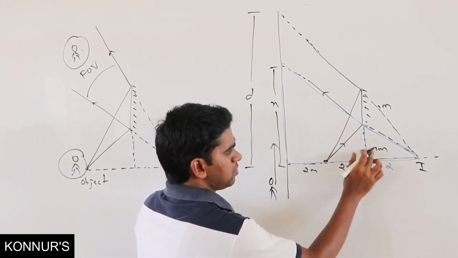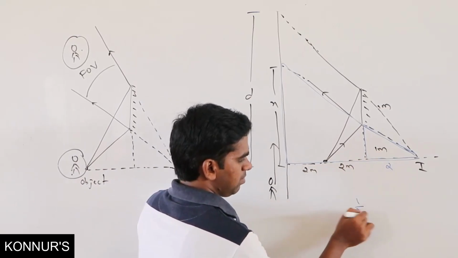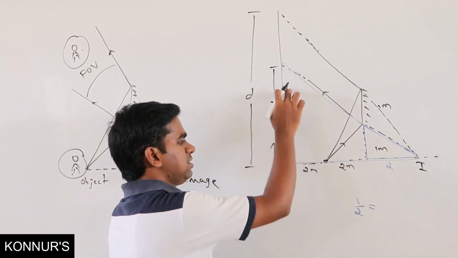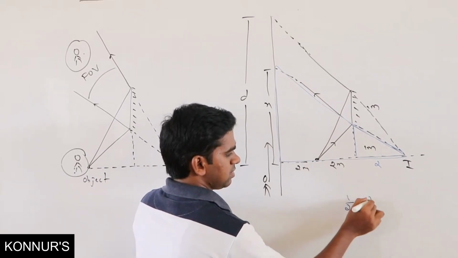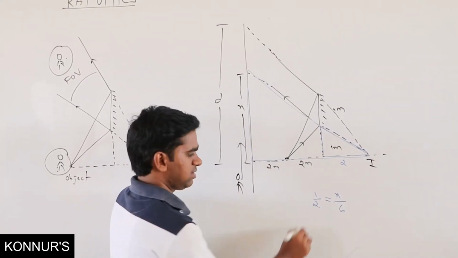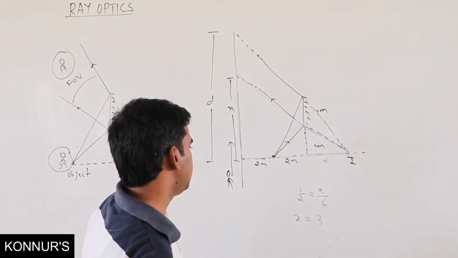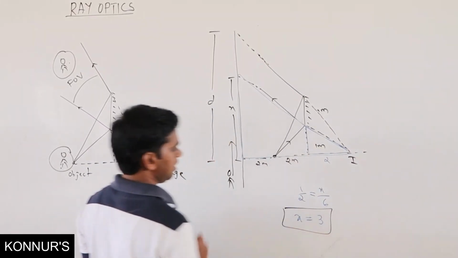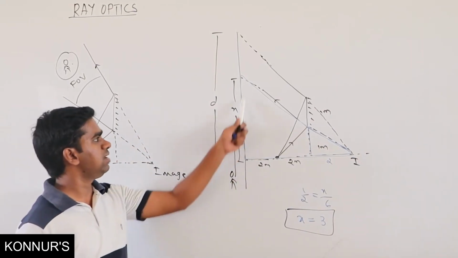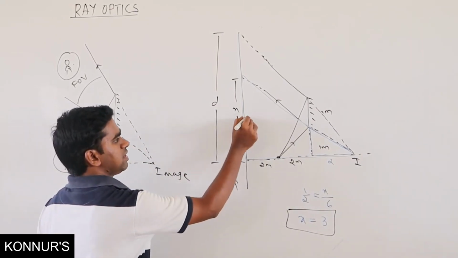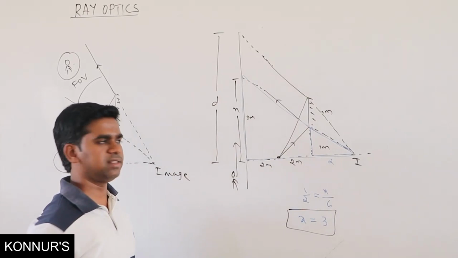Take the ratio of sides, 1 meter divided by 2. 1 by 2 is equal to x divided by 6. So x is equal to 3. That means after traveling 3 meter, he can start seeing the image.